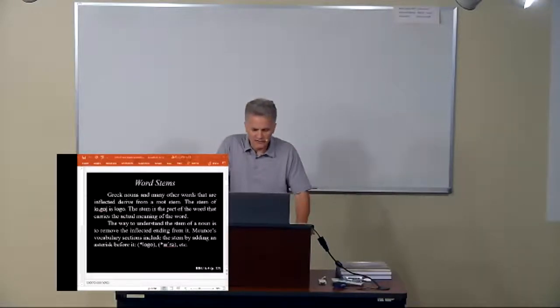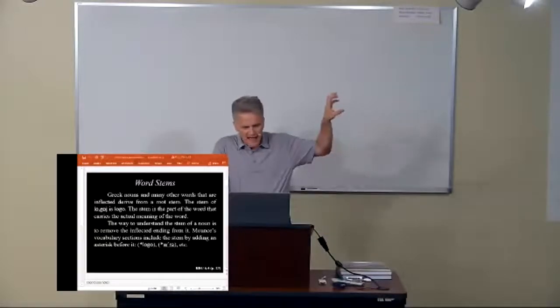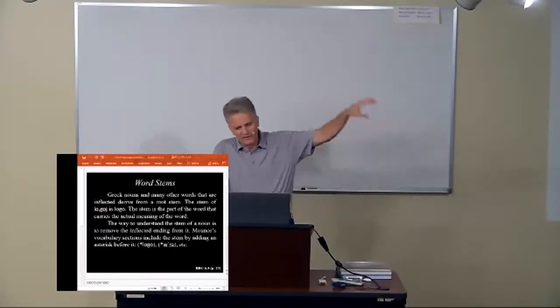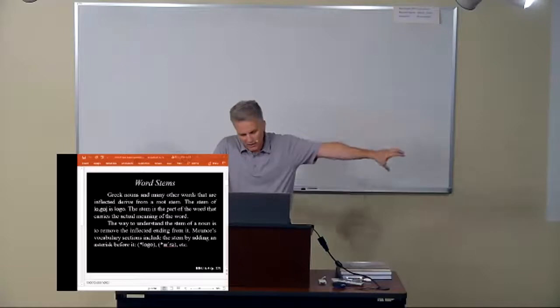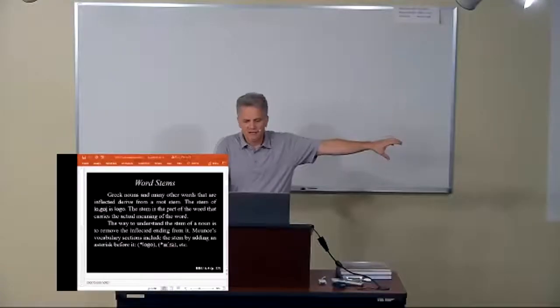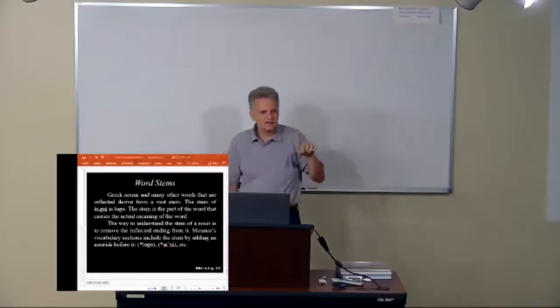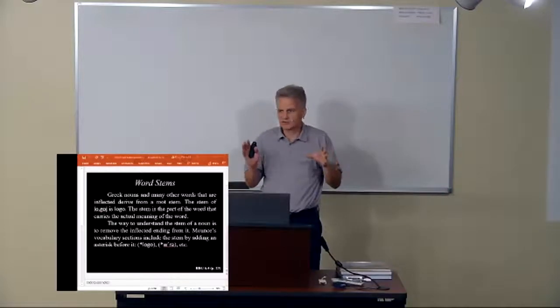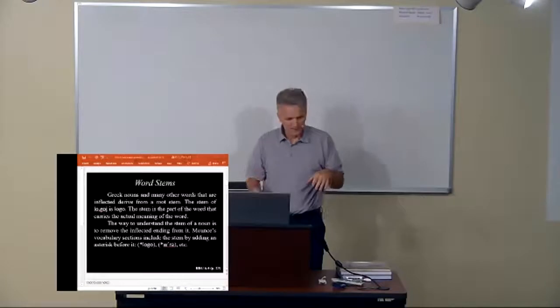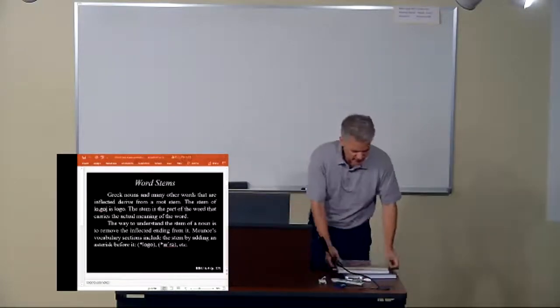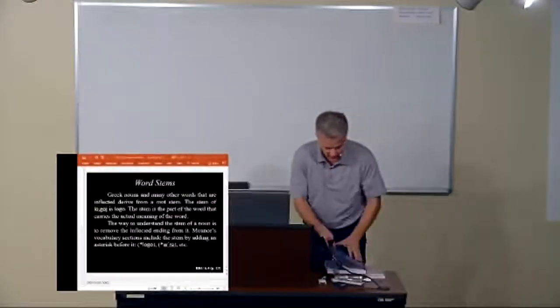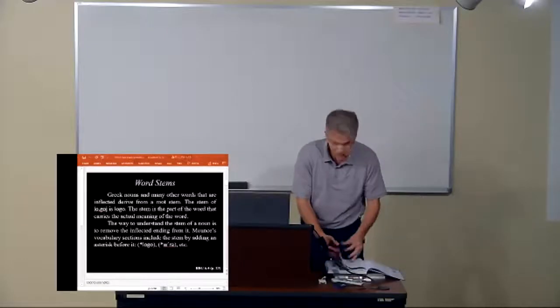Mounce's vocabulary sections include the stem by adding an asterisk before it, and you'll see it like this, asterisk logo, asterisk horo. You'll see this at the end in the vocabulary section of each chapter. For example, if you go to the end of chapter 6, I forget what page number that is, you should be able to see that for yourself right on that page. Anybody have the page number? 40?